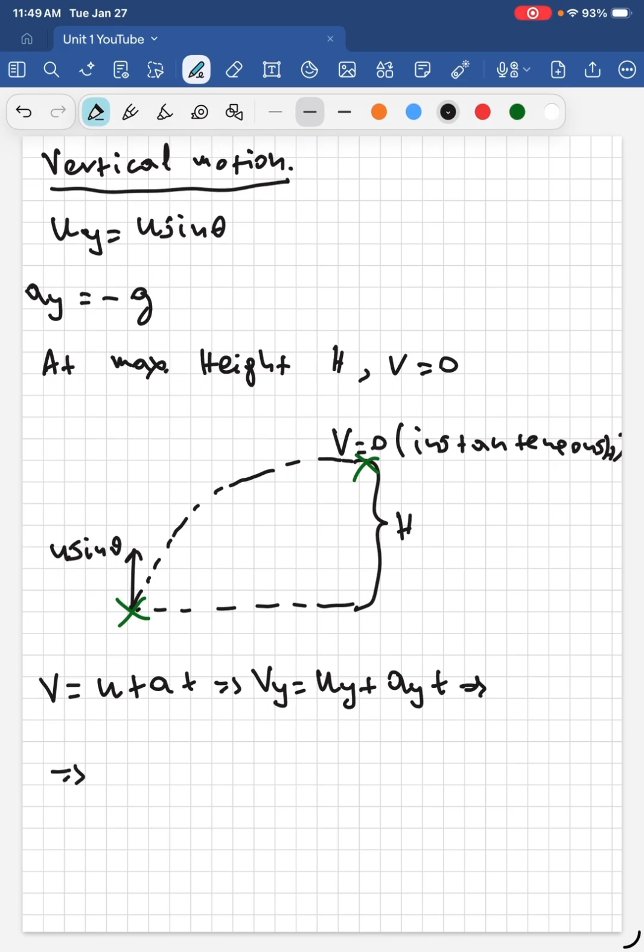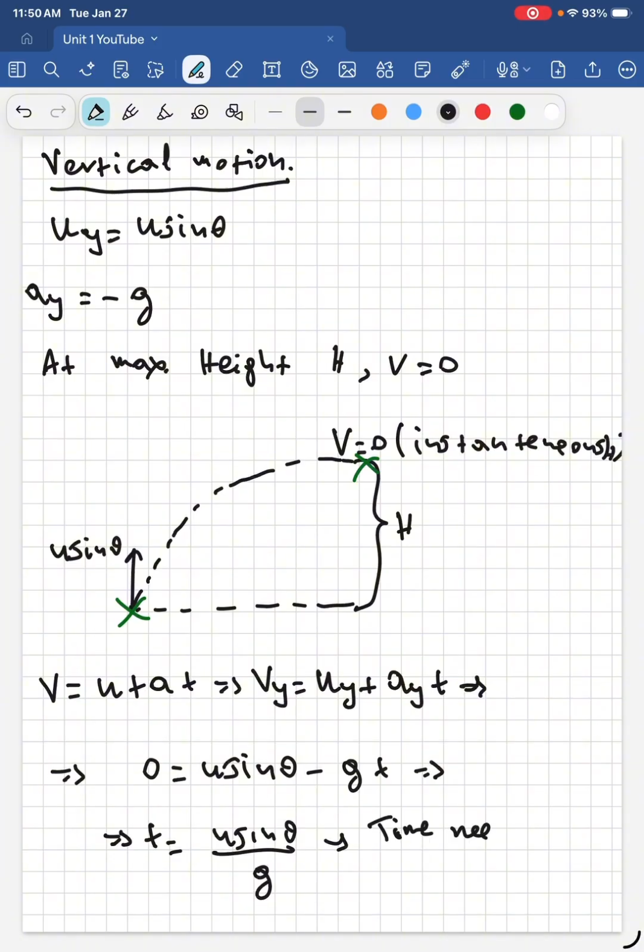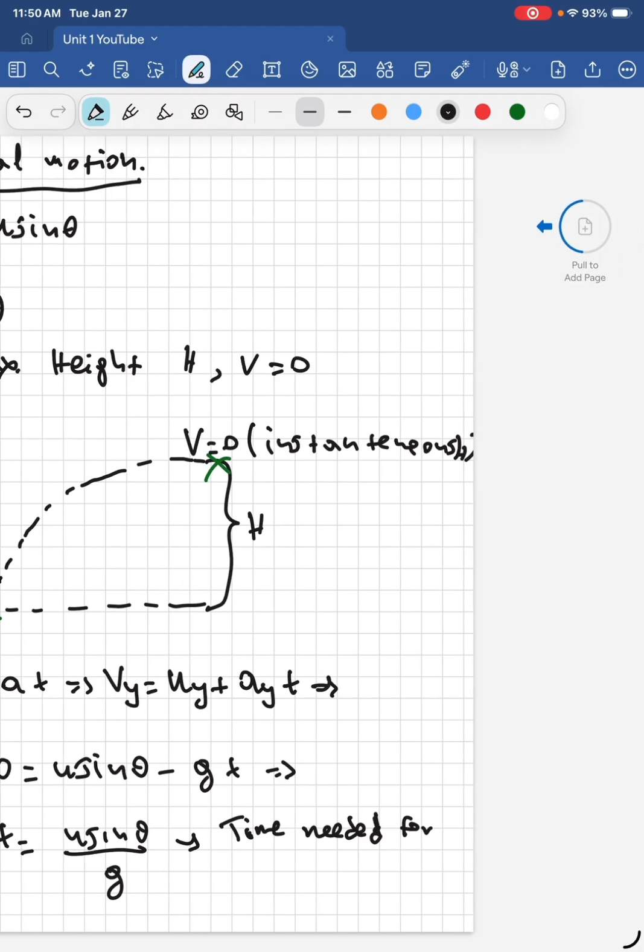The final velocity is 0, and this is equal to the initial velocity in the y direction, which is u sine theta, minus gt. So t is u sine theta over g, and this is the time needed for the object to reach maximum height.